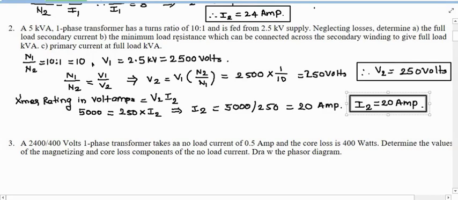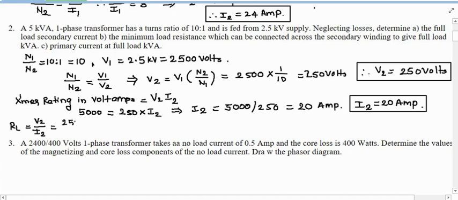Then the minimum load resistance we have to find out, which can be connected across the secondary winding to give full load kVA, right? So directly I will write down the value of load resistance. RL is nothing but secondary voltage upon secondary current. This is the maximum resistance that I can connect across the secondary.